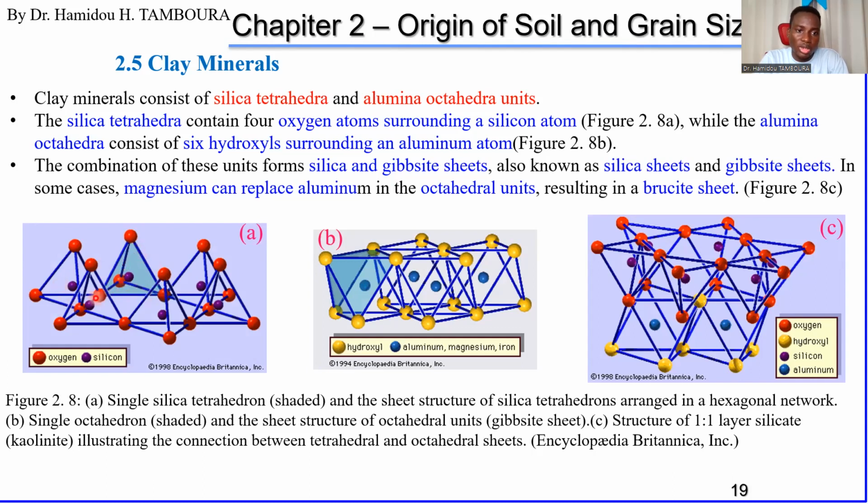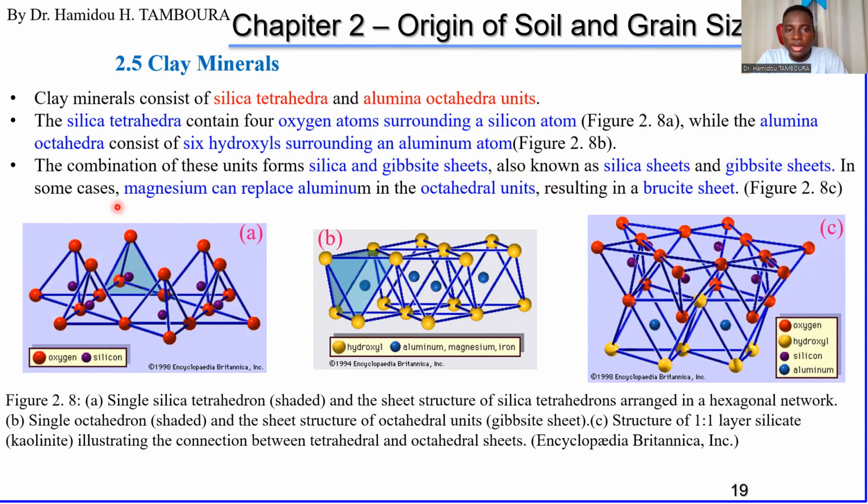If you put many of them together, it will make a silica sheet. Here also, just putting together many units, we obtain a sheet. So these are known as silica sheets and gibbsite sheets.